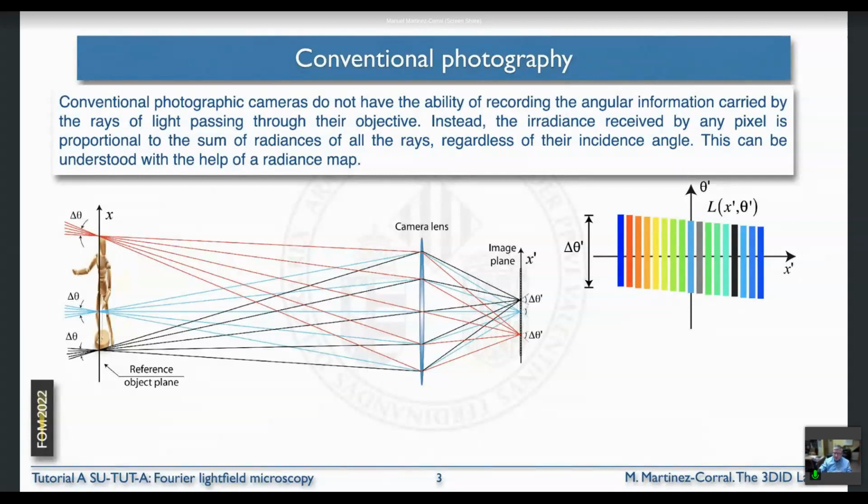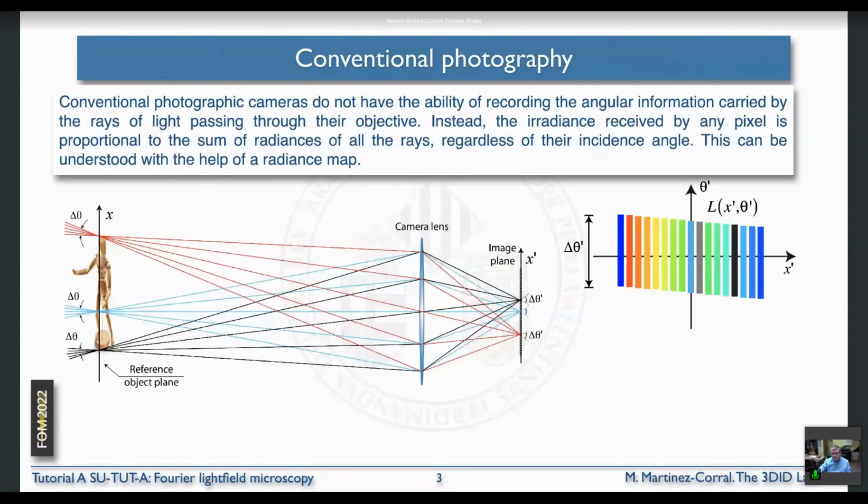This process can be represented mathematically through the radiance map, also named a Plenoptic map or Lightfield map. What is this? This is a function. In fact, it's a 4-dimensional function, but here I'm making everything in fewer dimensions in my representation. So we have spatial coordinates associated with any ray and angular coordinates.